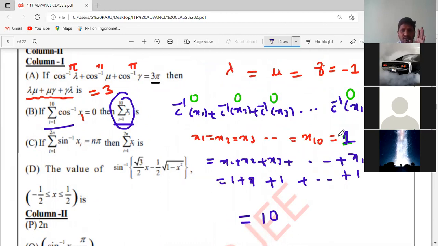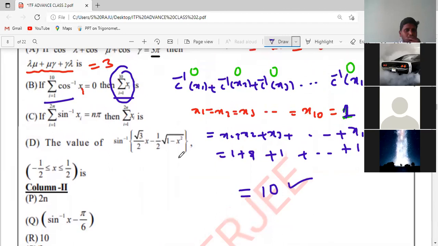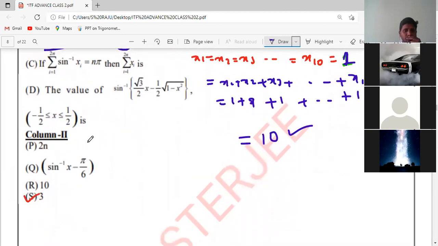The same values I am substituting here. Finally, the sum becomes 10. So for the second one, B is matching to R.